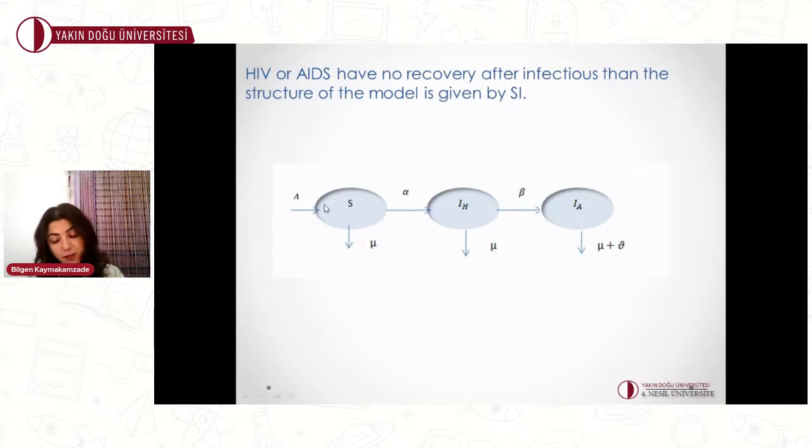When a susceptible person has contact with an infected person with HIV or AIDS, they can be removed from the susceptible class and go to the infected class with HIV. After the HIV stage, a person can take some treatment and live with HIV and stay in that class.